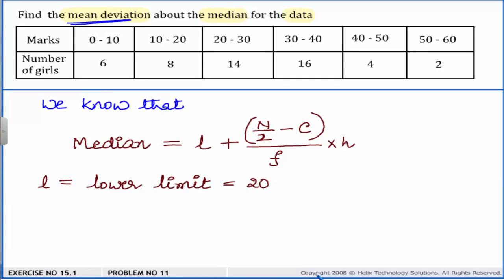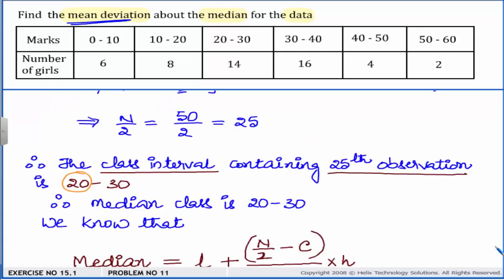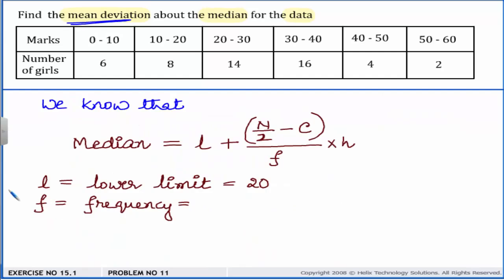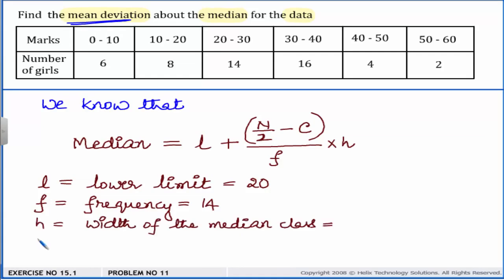F equals frequency of the median class, which is equal to 14, as you can see here. So let us write this value there. So this is equal to 14. h equals width of the median class is equal to 10. As you can see here, the difference is 10.